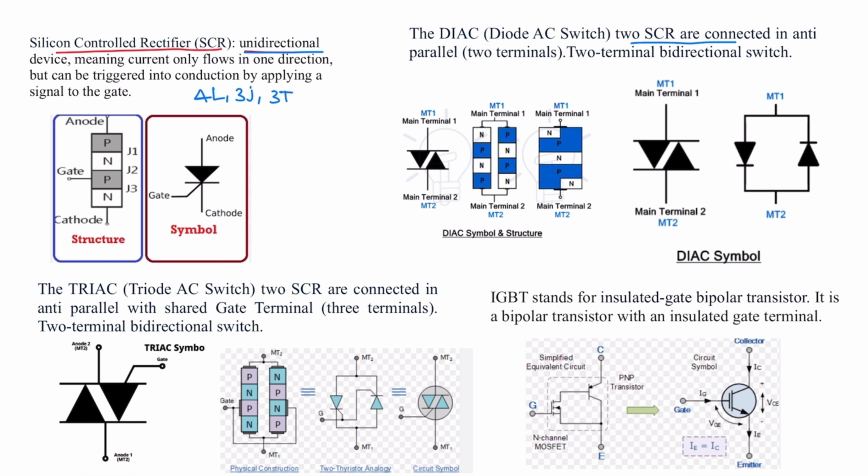This is one SCR, second SCR, 2 SCRs connected in anti-parallel. It has two terminals, main terminal 1 and main terminal 2. This is a symbol for diac.